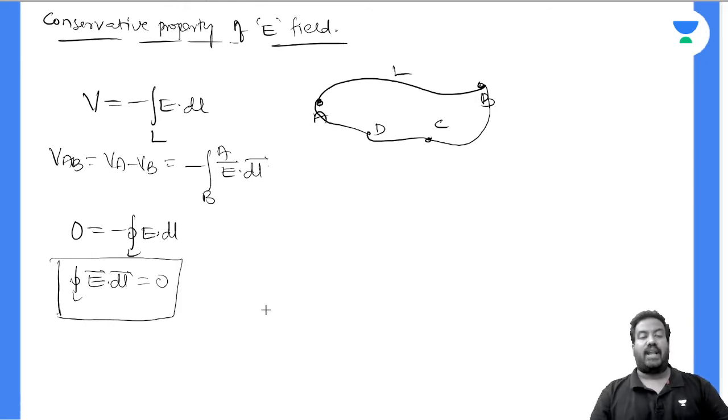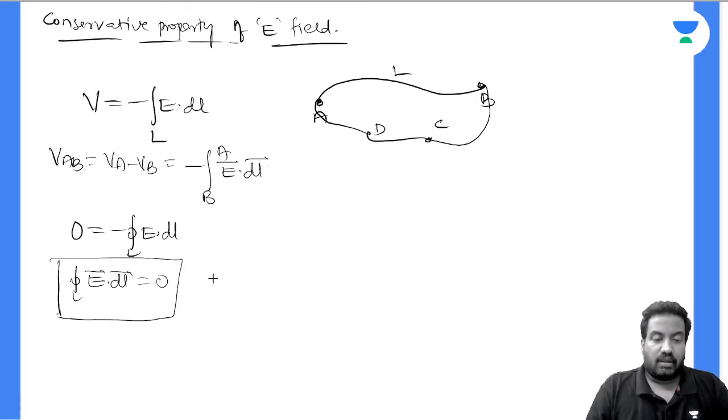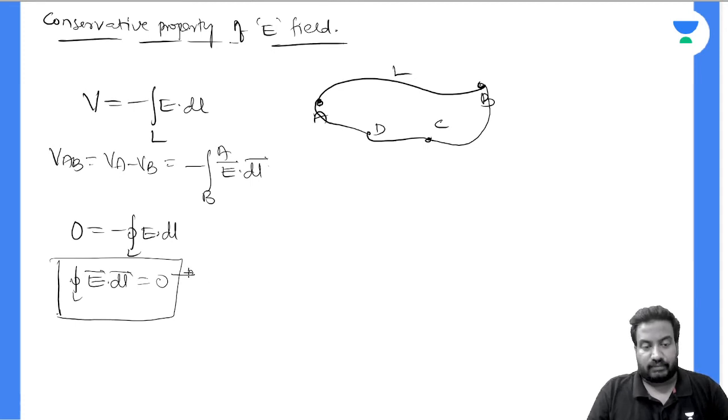It's called the integral form of Maxwell's second equation.